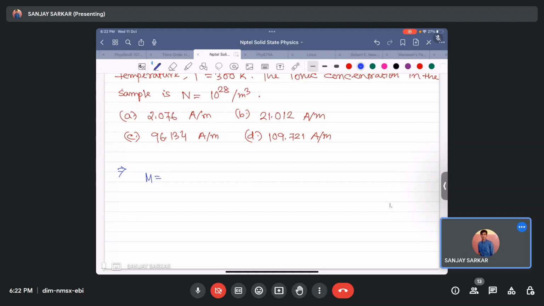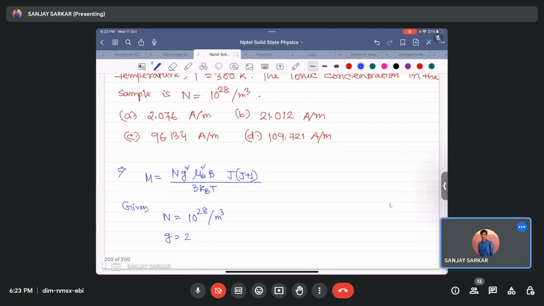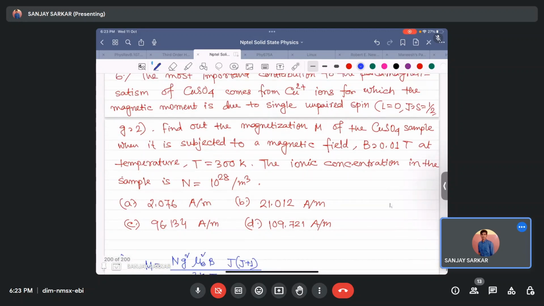The formula is M equal to N g square mu B square B into J plus 1 divided by 3 kB T. Given N is 10 to the power 28 per meter cube, g is 2, J is also given, which is half.